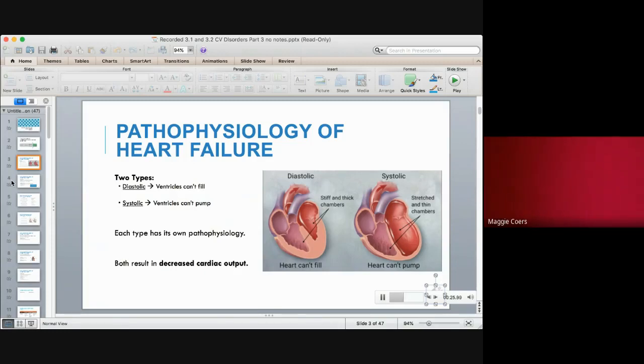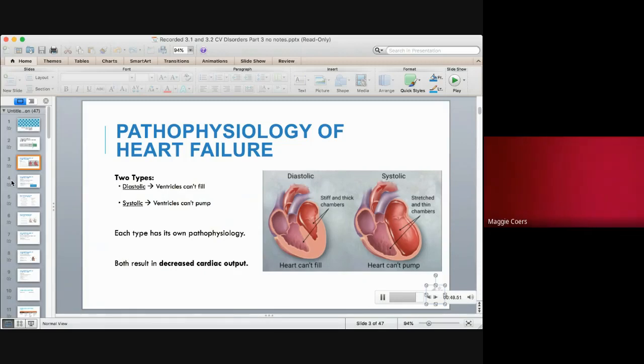Both types lead to a decrease in cardiac output, but by different mechanisms. Each type has its own pathology. So in one, it can't fill, and in the other, it can't pump.